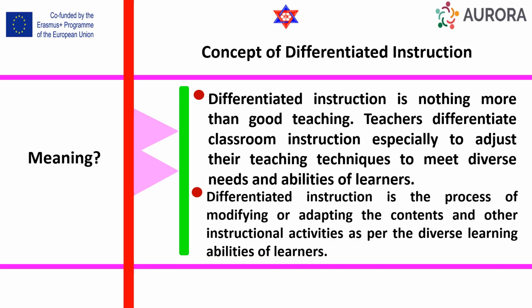Differentiated instruction is the process of adjusting teaching methods to meet the diverse learning abilities and needs of students in a classroom. This involves modifying content, teaching approaches, and assessment procedures to address individual learning styles, strengths, and weaknesses of learners.